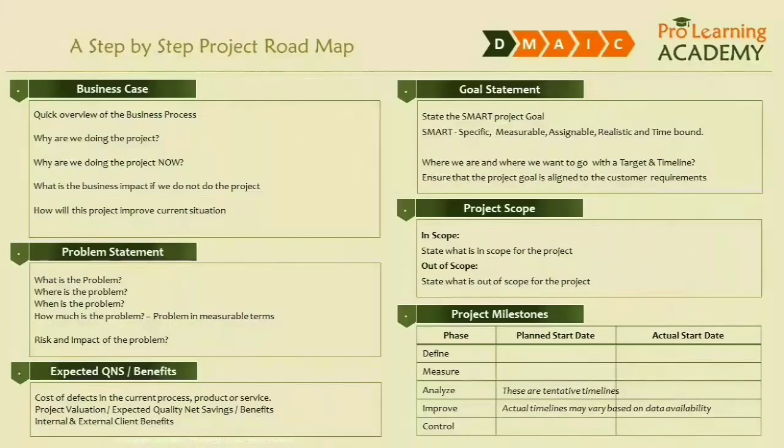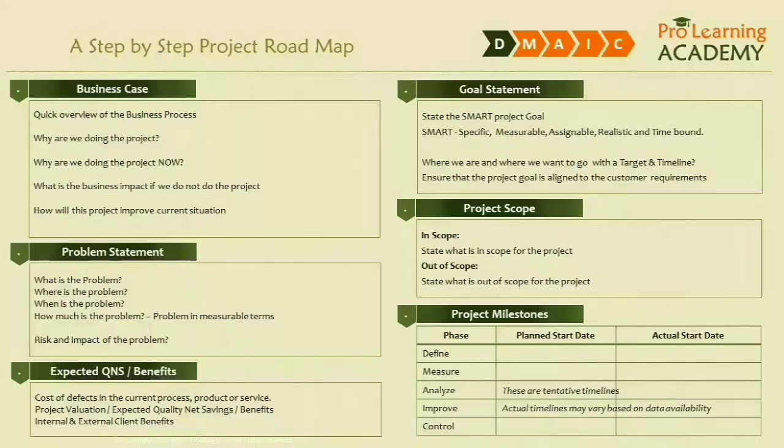Let's discuss the project charter and its framework to understand what to do and how to do it. So in a project charter, we have the business case. We'll quickly check what the framework is, how the business case needs to be written, and then we'll discuss what it is. So the business case should have a quick overview of the business.